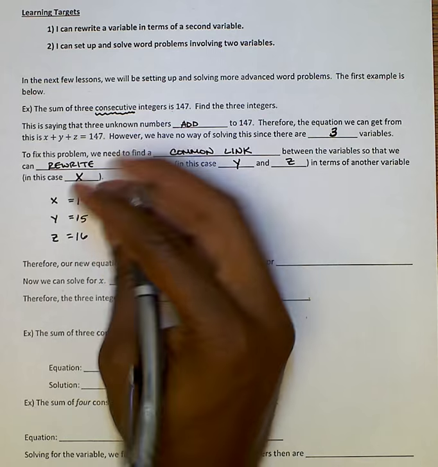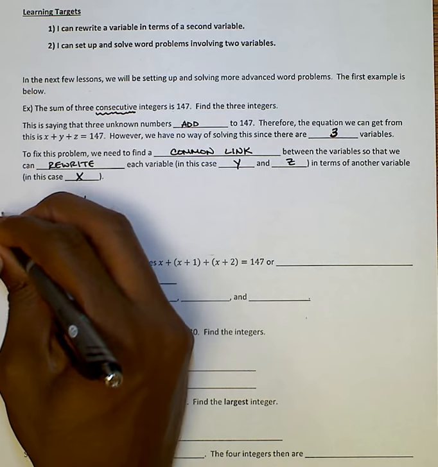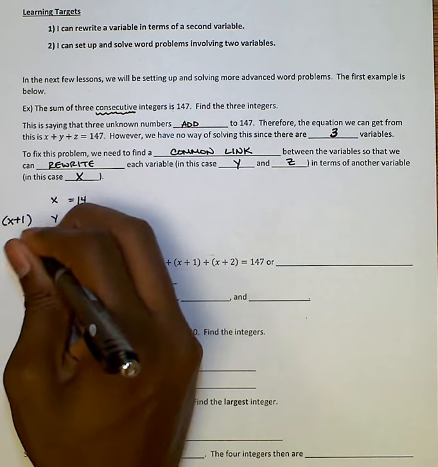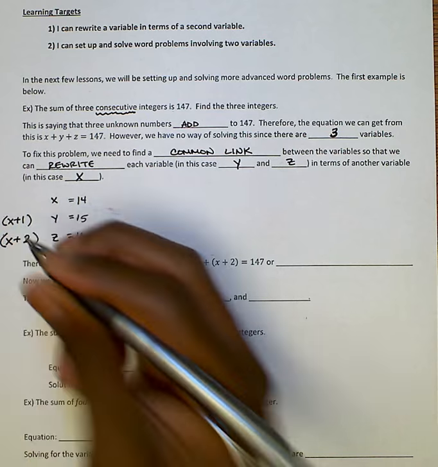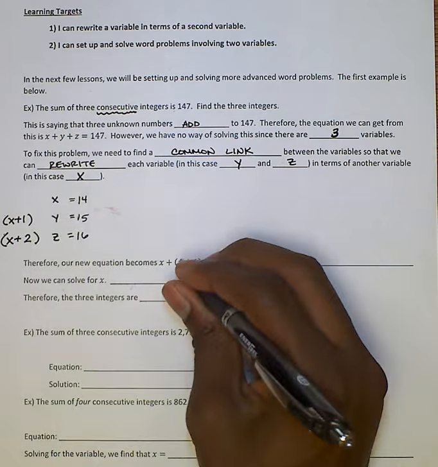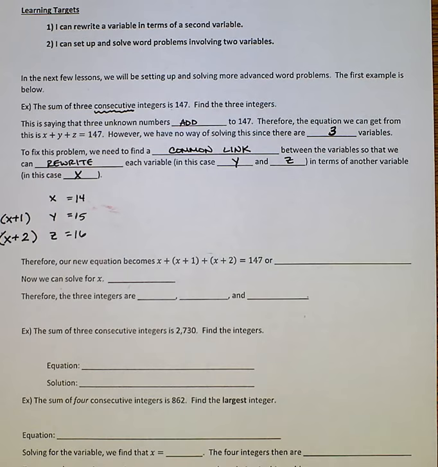So instead of saying x and y and z, we can say this is x, x plus 1, and x plus 2. And now, even though we don't know any more than we knew before, we can actually set up an equation to solve this. So our new equation is x, our first unknown number, plus x plus 1, our second unknown number, plus x plus 2, our third unknown number, and that equals 147.